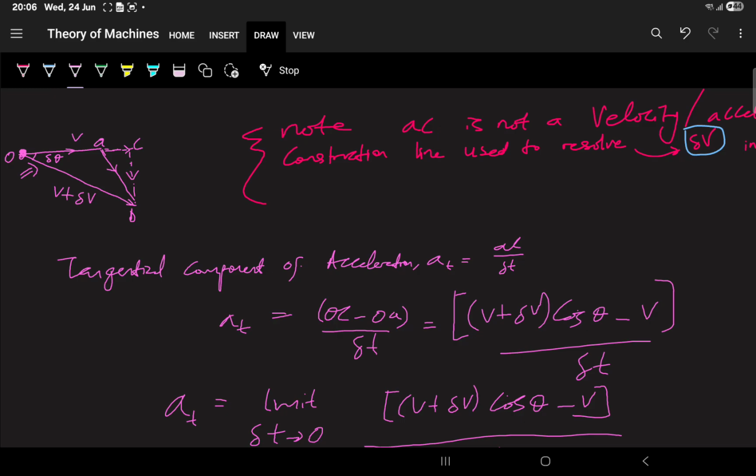Now, revision of the topic vector in mathematics will help a lot in understanding this.